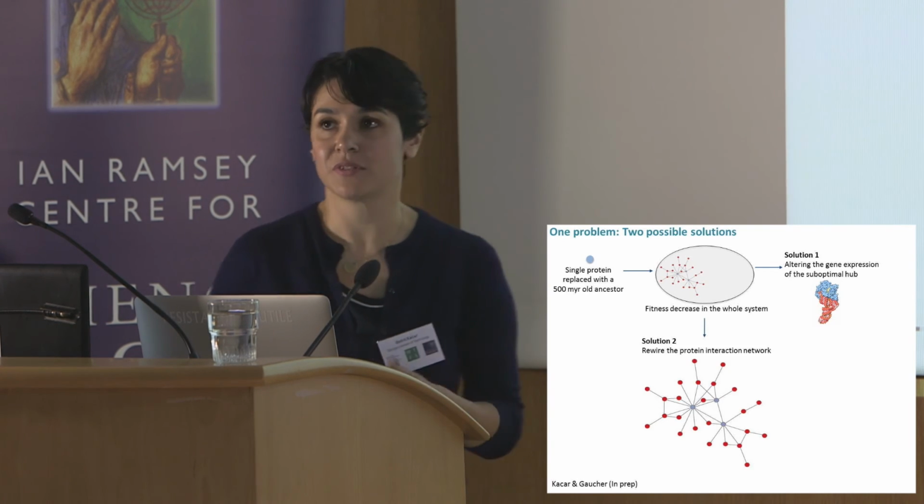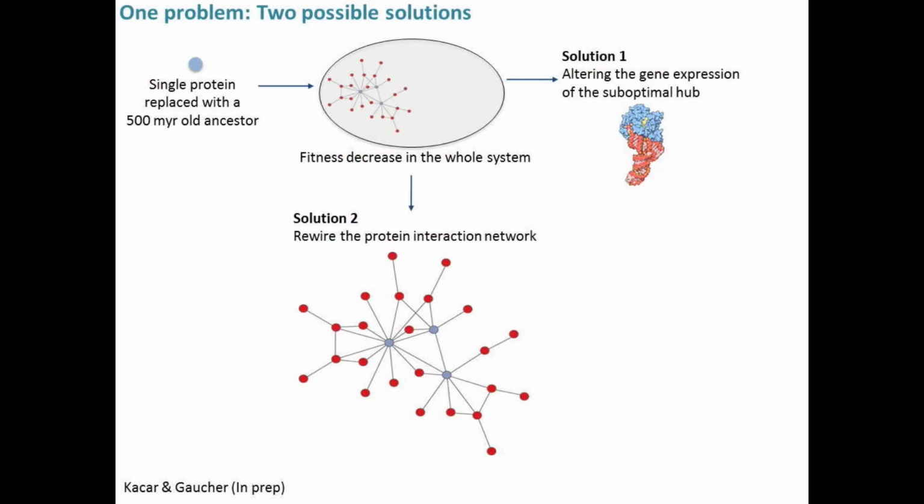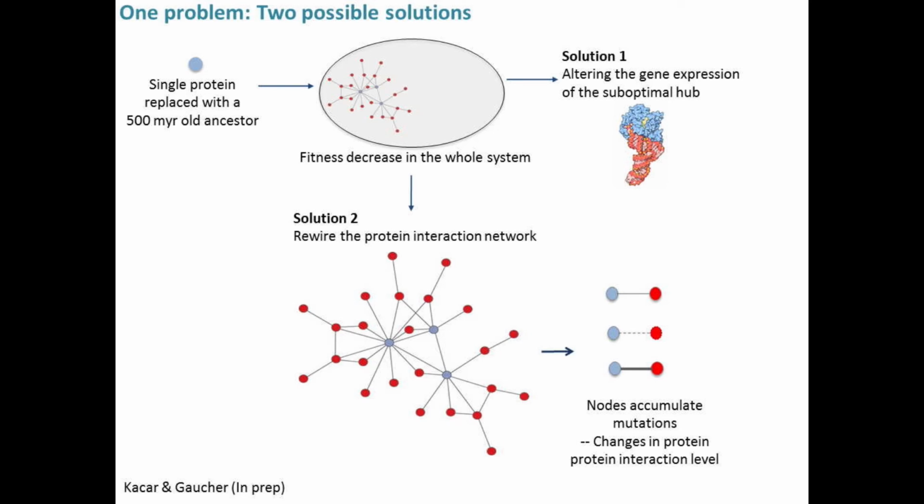In number two, the system is rewiring its network. It's not changing the expression level of the suboptimal protein, but it is modifying the proteins that are interacting with the suboptimal partner, particularly through deletions. So it is chopping off the fat within the network. It's cutting off interactions to increase the fitness. And nodes accumulate mutations, which then introduce changes in protein-protein interaction.